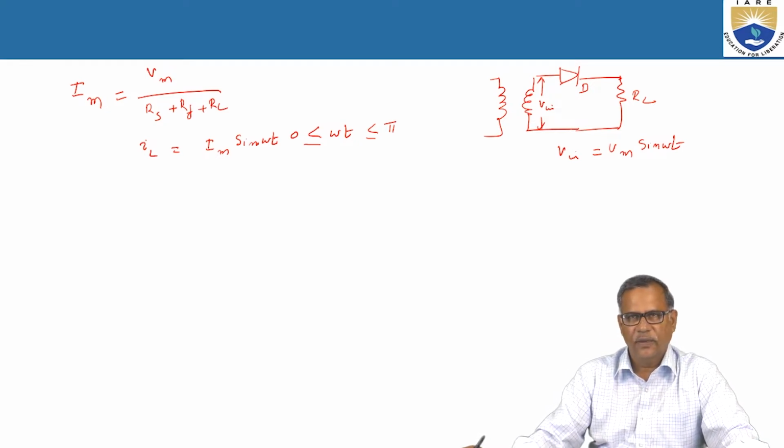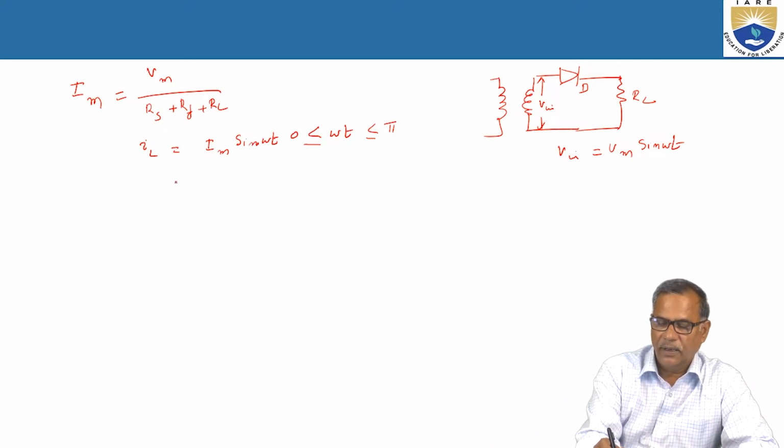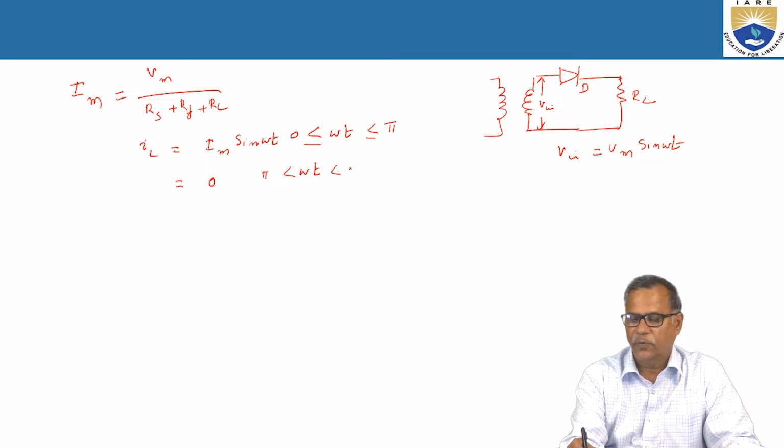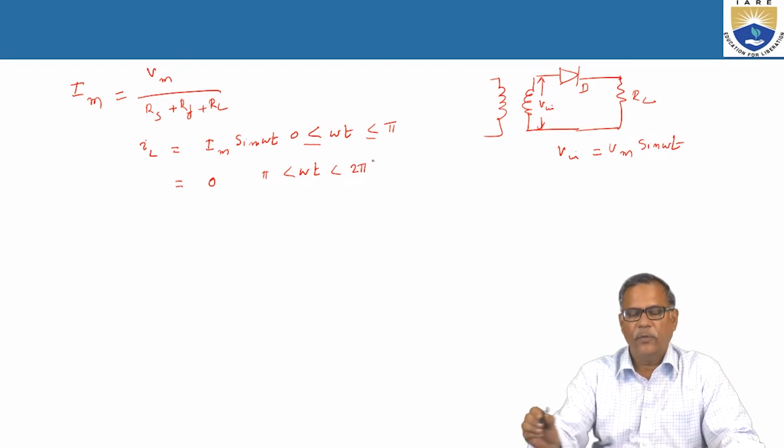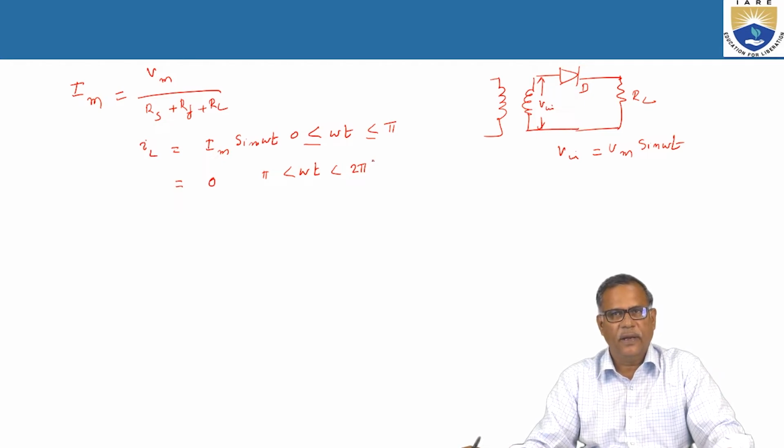And IL is equal to 0 otherwise, that means for omega t between pi to 2 pi.